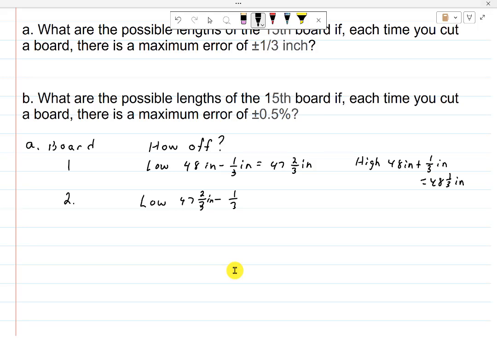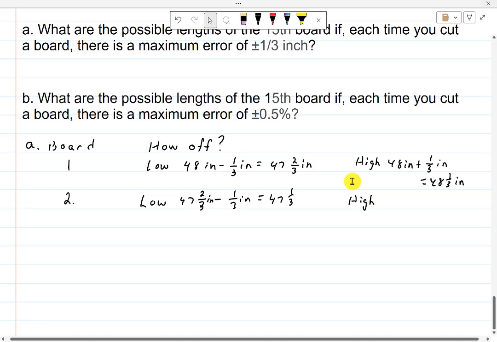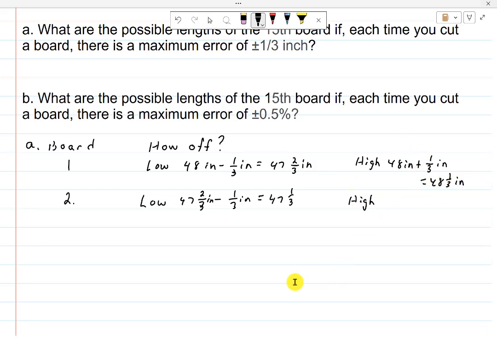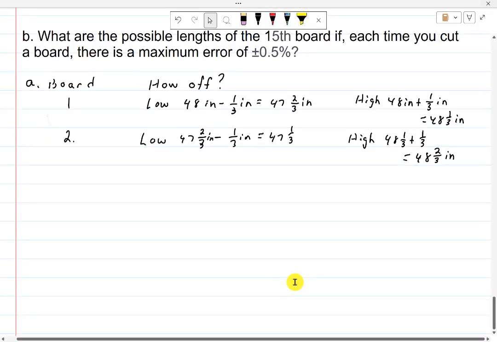It looks like 47 1/3 inches. And over here for the high, we take this number and add 1/3 of an inch to it. So 48 1/3 plus 1/3, that'll be 48 2/3 inches. Keep going.